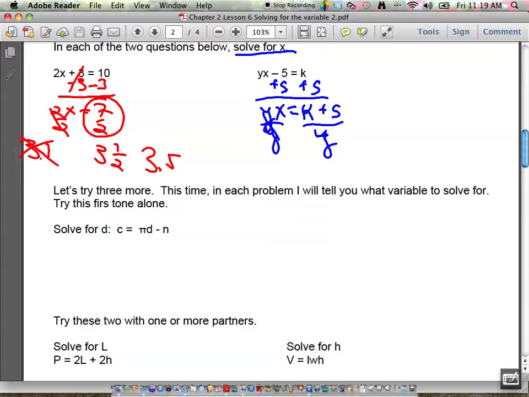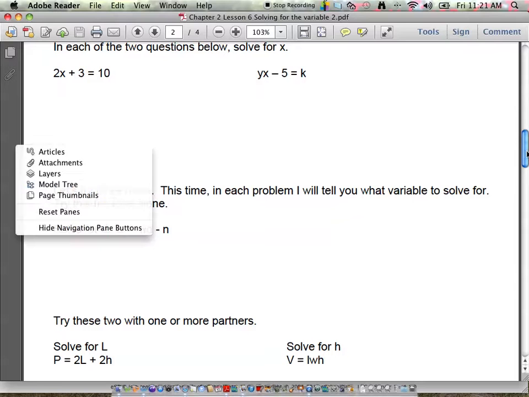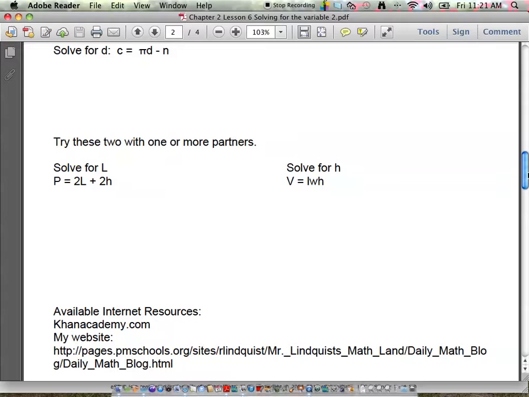First one says solve for D. If it says solve for D, what do you have to make it say? D equals. Go ahead.